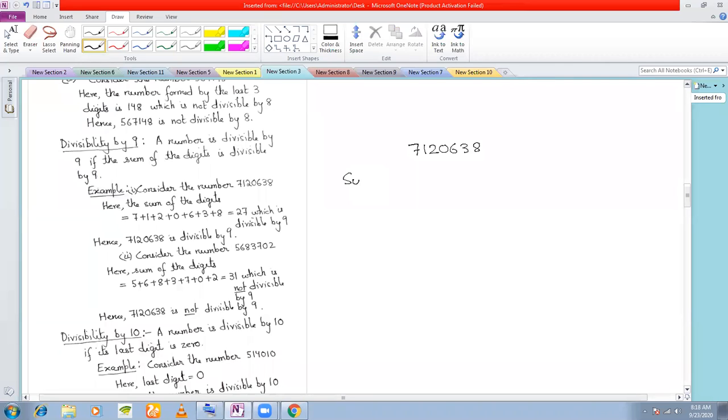So we take the sum of the digits, which comes out to be 27. Now 27 is divisible by 9.